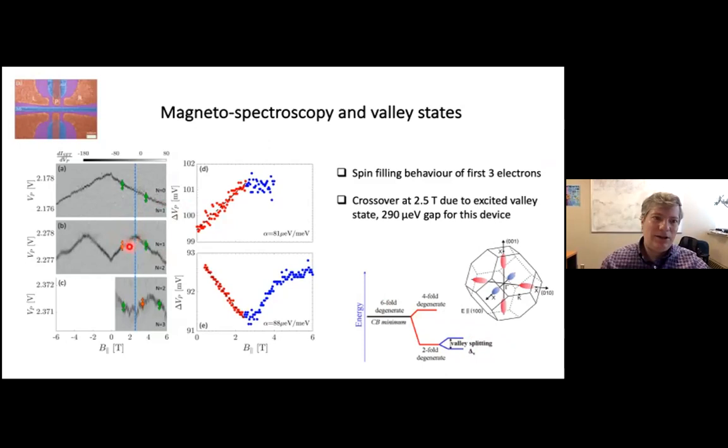And so we get this crossover. So from that crossover point, we're directly reading off the valley splitting energy, which is in this case around 300 microelectron volts. I don't have time to go into it, but the presence of these valley states is one of the main challenges for spin qubits in silicon.